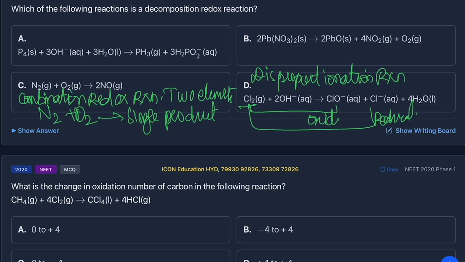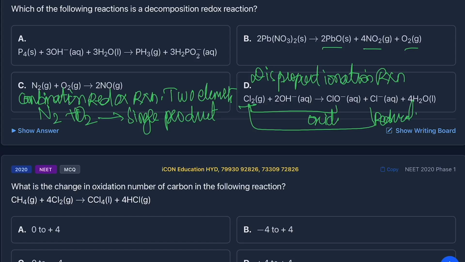So what is our question? Which of the following reactions is a decomposition redox reaction? Decomposition redox reaction means a single reactant breaks down into two or more products, with a change in oxidation state: one element is oxidized and the other is reduced. We can see this in lead nitrate, one compound breaking down into three compounds.